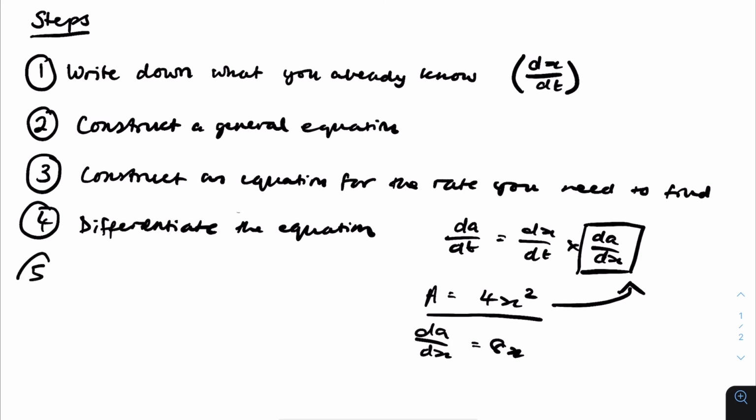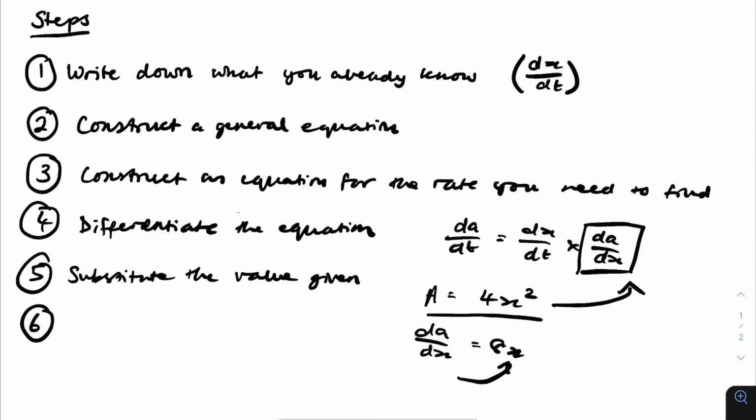Then substitute the value given. So in the previous example, the radius was 12 cm precisely, like we were looking for the rate at that. In this case, you just substitute that in here. So if you're substituting the radius as 12, it would become 96, this dA over dx value.